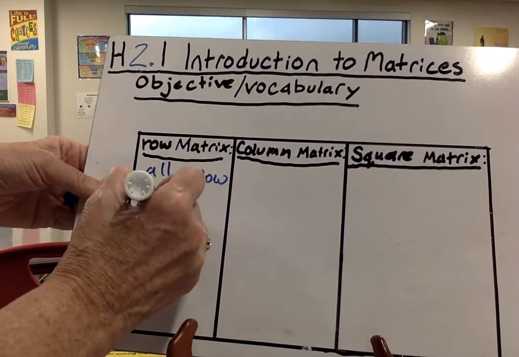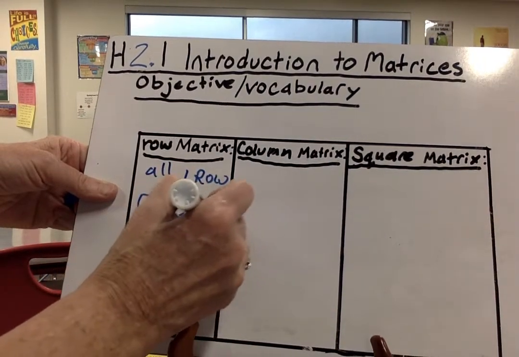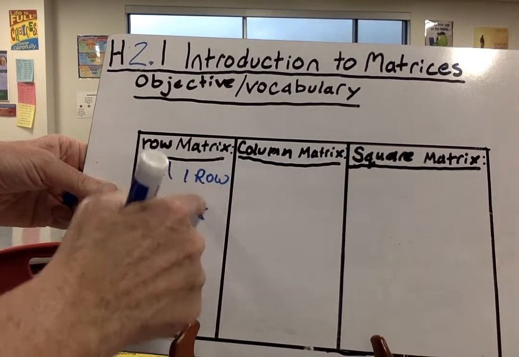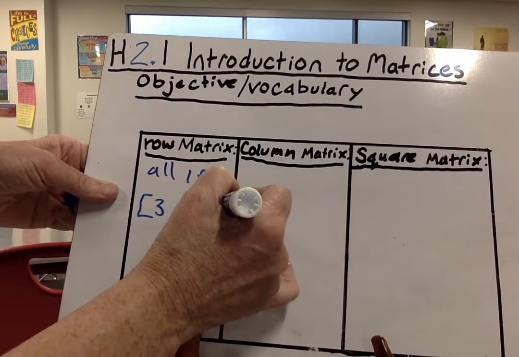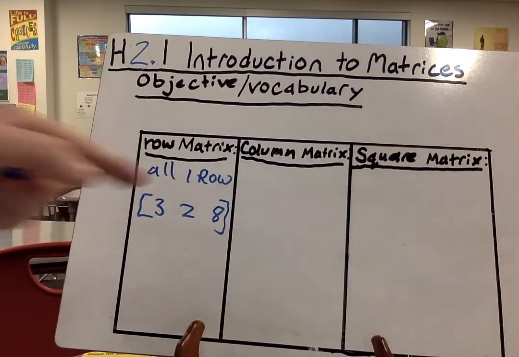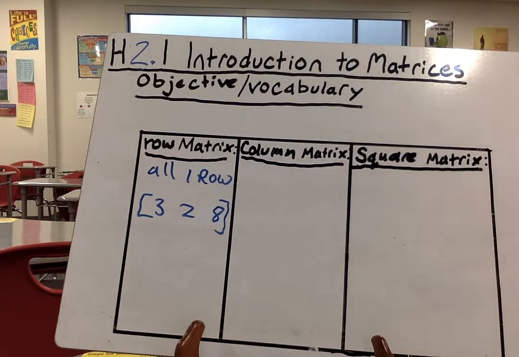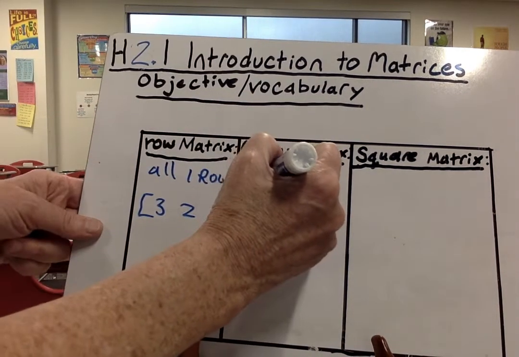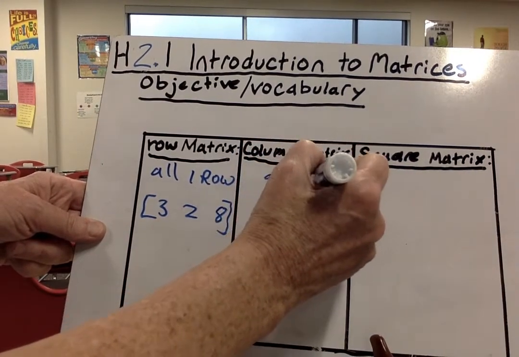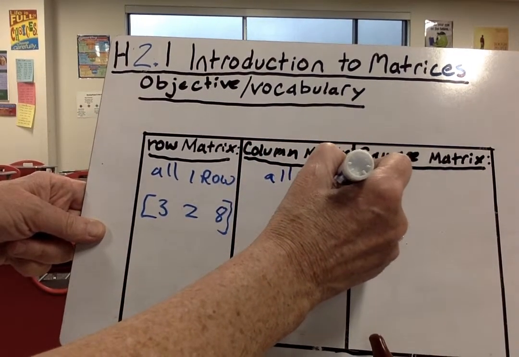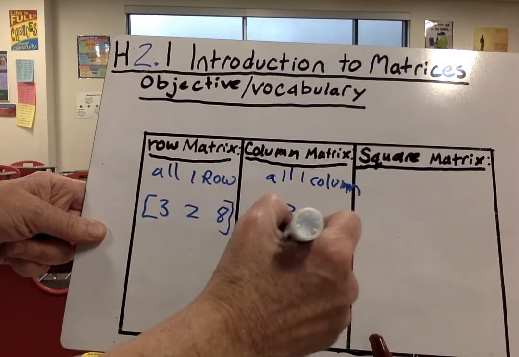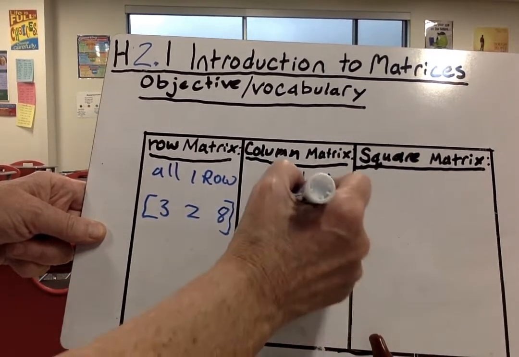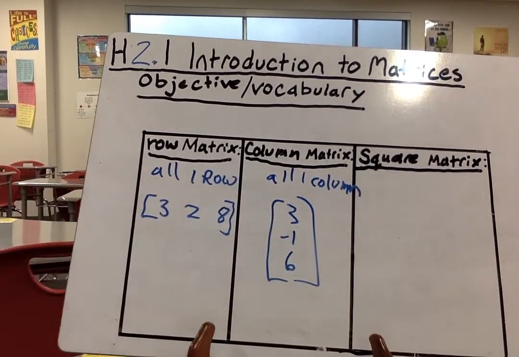That's if you had like 3, 2, 8. Okay, so that's all one row, and we have brackets on the ends. A column matrix is all one column. So if you had 3, -1, 6, that is a column matrix.